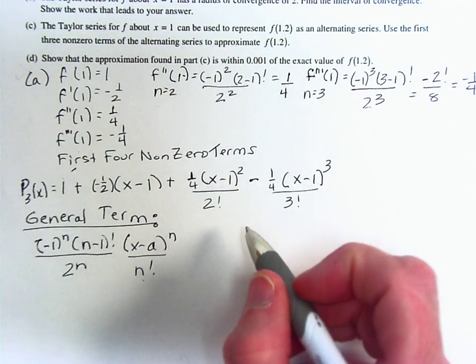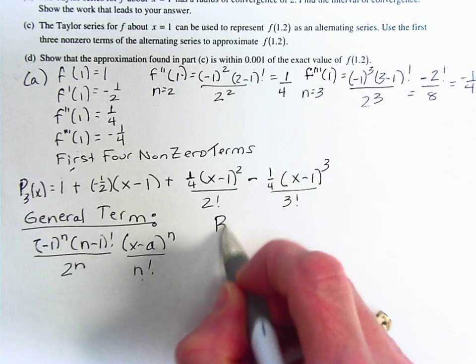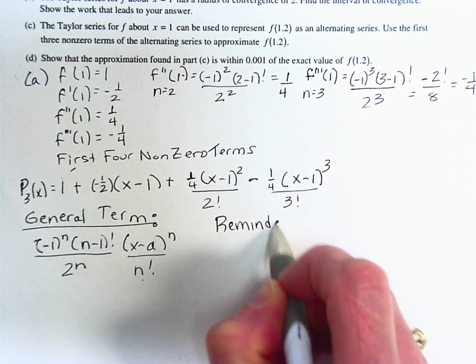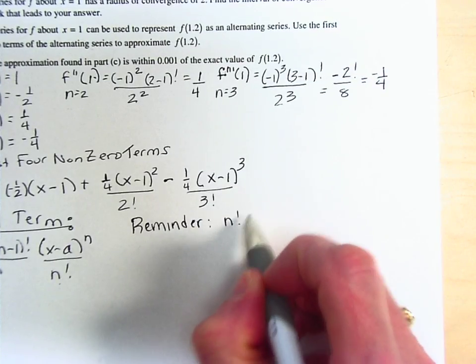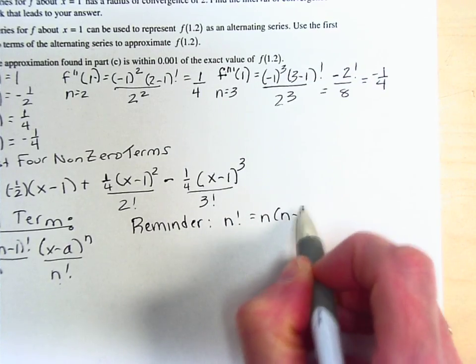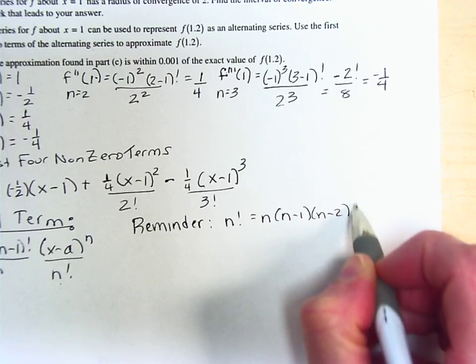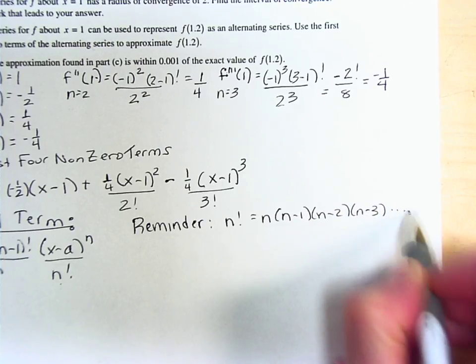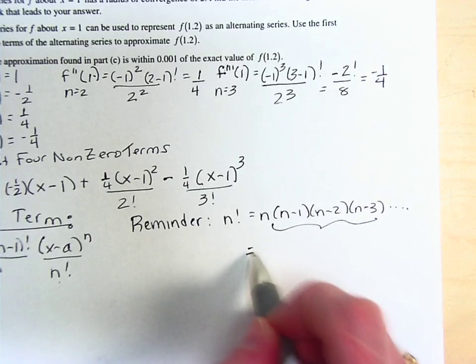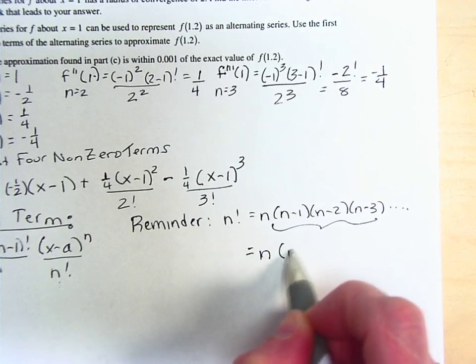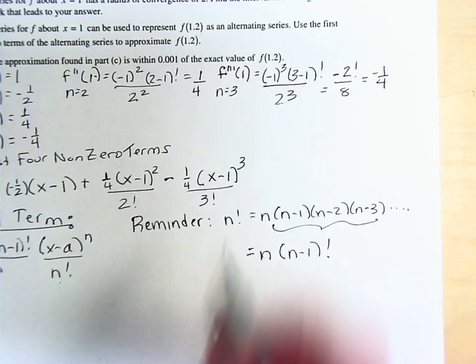Because you know the definition of factorial. So reminder, what is n factorial? N factorial is n times n minus 1 times n minus 2 times n minus 3, and you keep going till you get down to 1. Or we can rewrite that as n times (n minus 1) factorial.